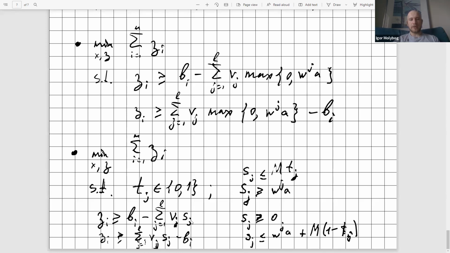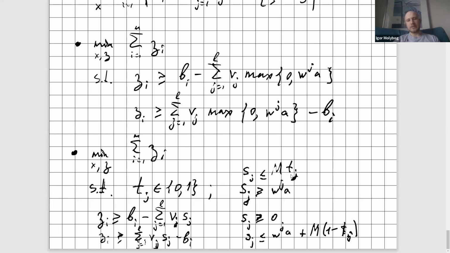Now we need to make sure that sj takes the value of this maximum between 0 and wja. We are saying that sj is less than or equal than the value m times tj, and also sj is greater than or equal than 0, which basically is telling us that sj has to be equal to 0 as soon as tj is equal to 0. If tj is equal to 1, we don't really care about what value of sj there is.